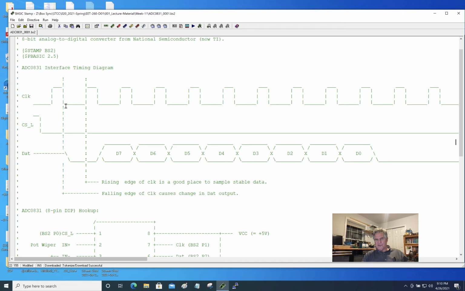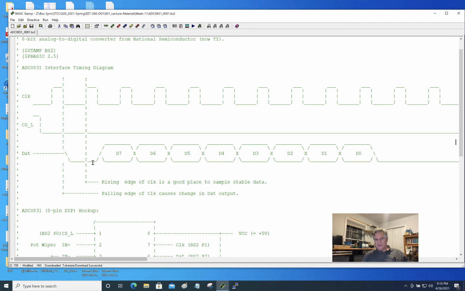So after the falling edge of the first clock, after chip select low has been driven low, the first data bit is a 0. And it's really just before the rising edge of the clock where they sample for stable data. I put the rising edge of clock as a good place to sample stable data, but it's really just before it, and it's really timed off of this falling edge, but I just put it there.